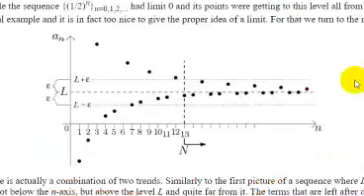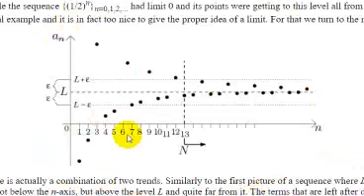Here I found a nice picture for you. So a sub n is a sequence, right? This is the first term, second term, third term, fourth, fifth, and so on.